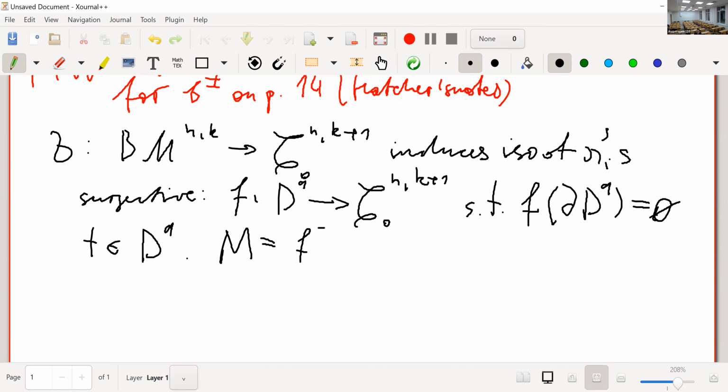Let's first focus on the value of the map on one particular t inside the Q, and then we'll see how this helps us to prove that the map is injective or surjective on the homological groups.